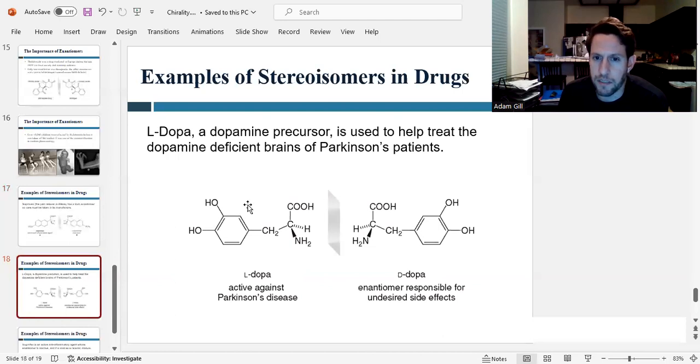Another example is L-DOPA versus D-DOPA. L-DOPA is used to treat Parkinson's disease. And D-DOPA is not only not active as a drug, but it actually gives you bad side effects. It's not necessarily super toxic, but it can give you nausea and some other bad side effects. So this is another drug where they have to separate the two enantiomers because only one is active and the other has bad side effects.